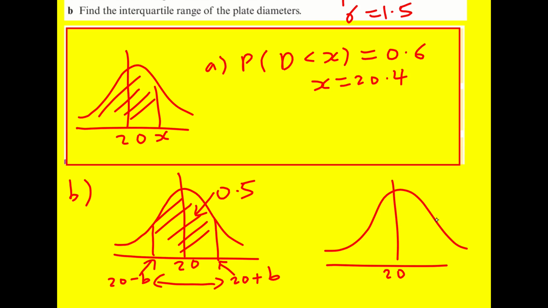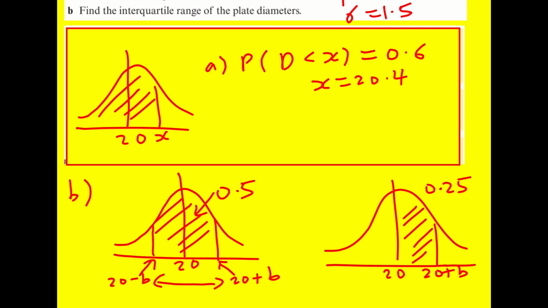I've got 20, and then I've got 20 plus B. And actually this area is going to be 0.25. So that's what I'm focusing on.